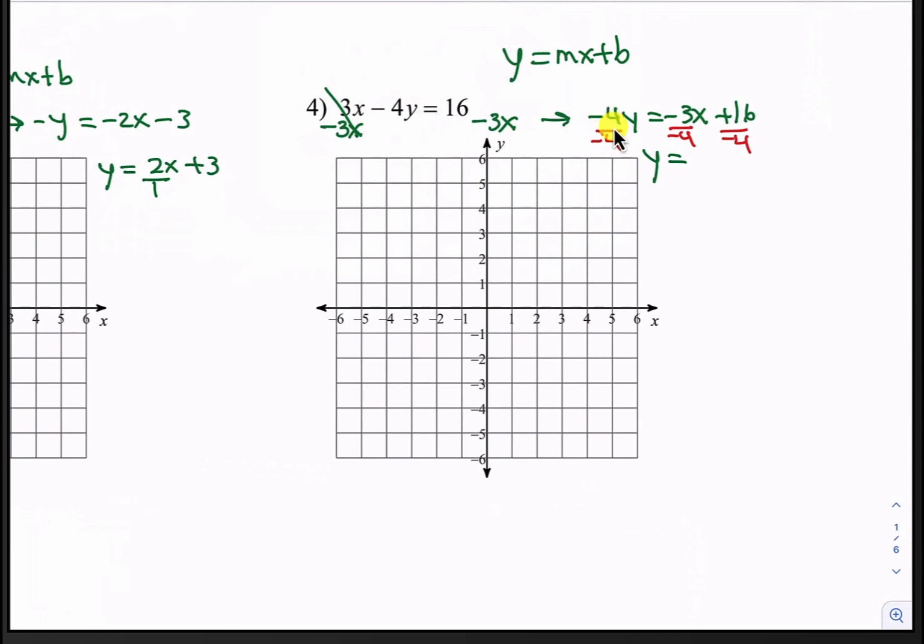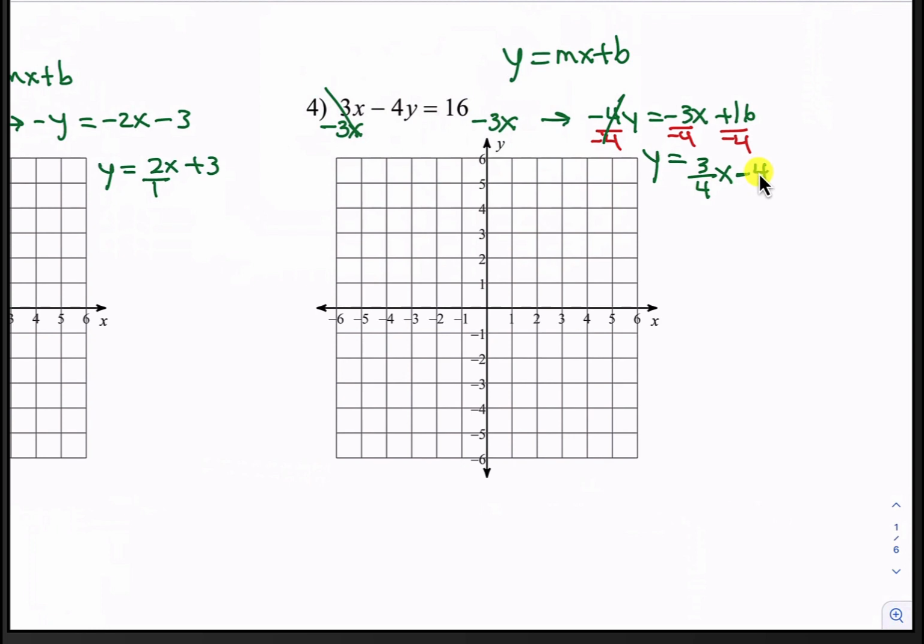These negative 4's will cancel each other out. These two negatives cancel out. That's going to leave you with positive 3/4 times x. And then 16 divided by negative 4 is negative or minus 4. So our equation is y equals 3/4 x minus 4.